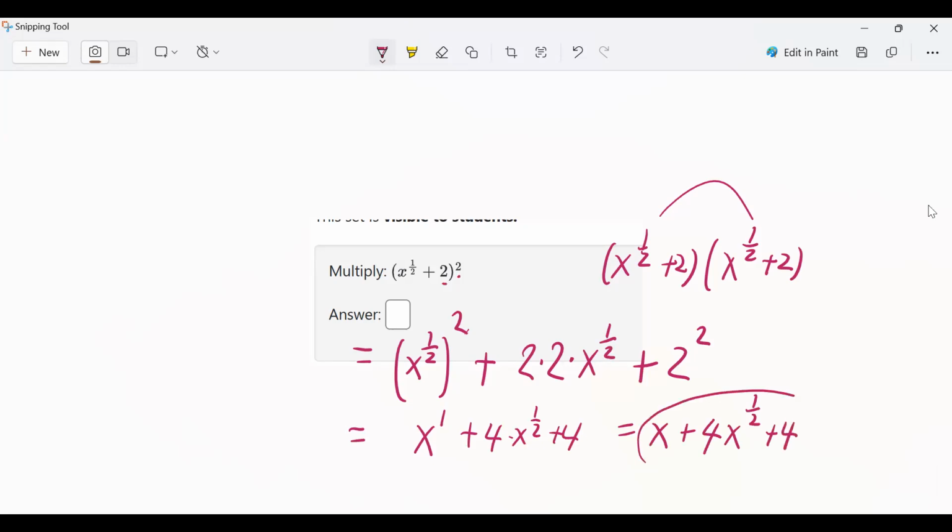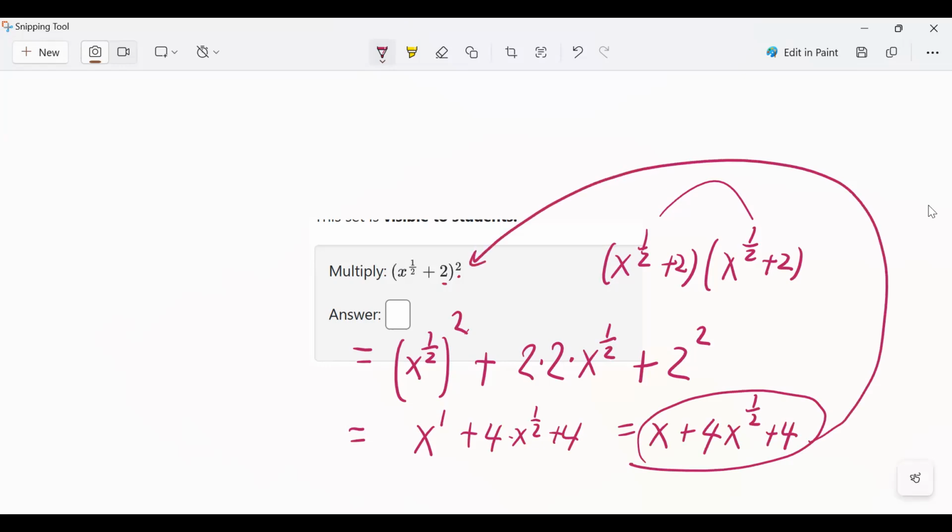And notice that sometimes we may have this, and they want you to go back. You can do a similar thing, like factor using the method I showed you. So x to the half, and plus 2, and then plus 2. And you get this form.